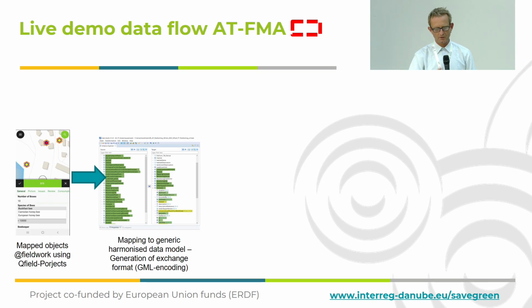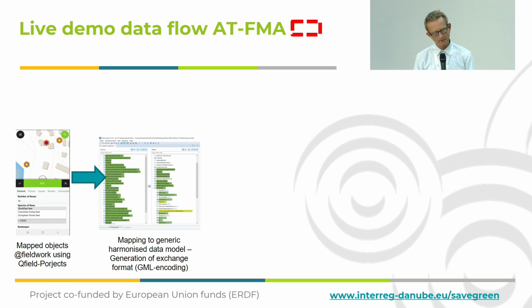The general procedure is the field worker works with this QGIS application. So we provide a QGIS field project, more or less. You can copy it on your phone, and then you are ready to go in the field and to map your objects.